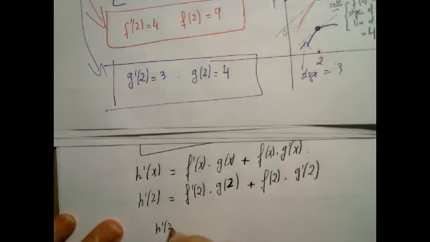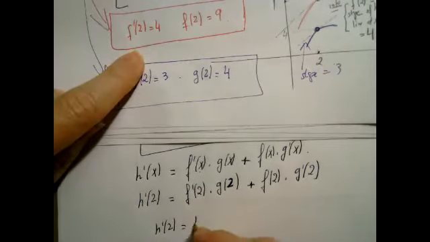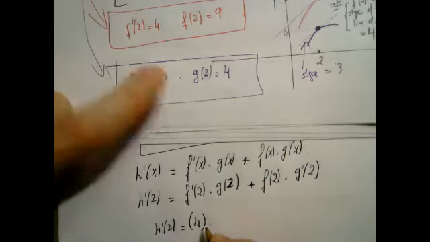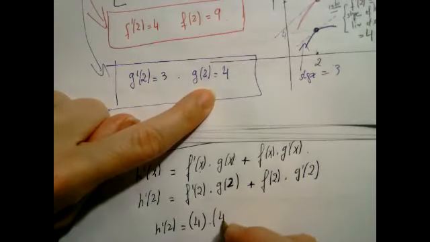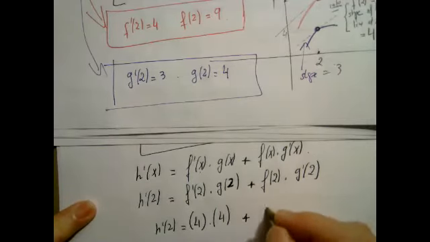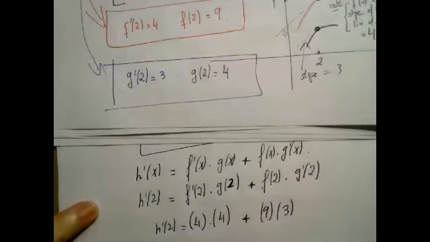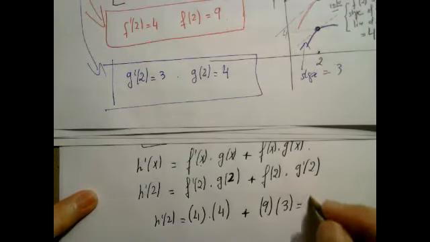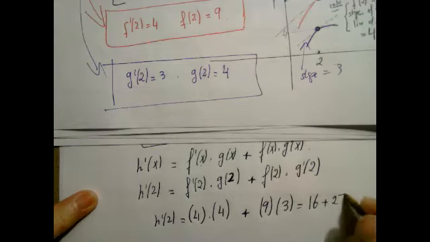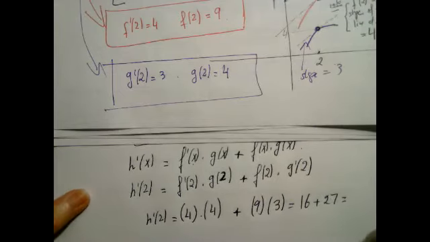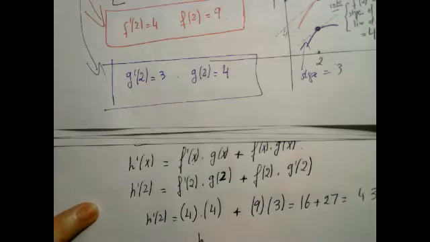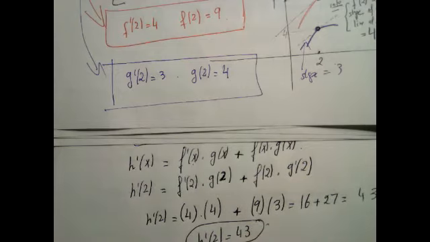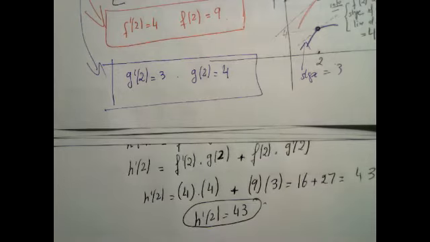So now I'm after the slope. f prime at 2 is 4. g of 2 is 4. Plus f of 2 is 9. g prime of 2 is 3. So the derivative will become 16 plus 27. It means 43. So the slope is 43. That's a huge slope. Okay. So that gives me the slope.